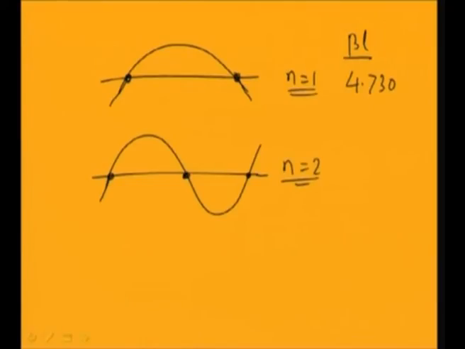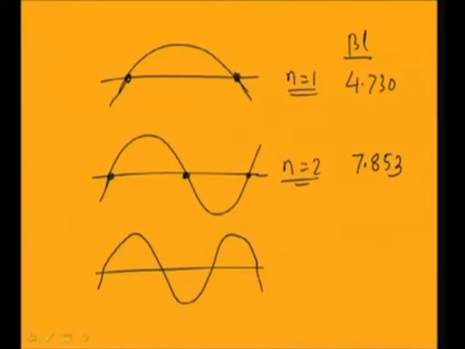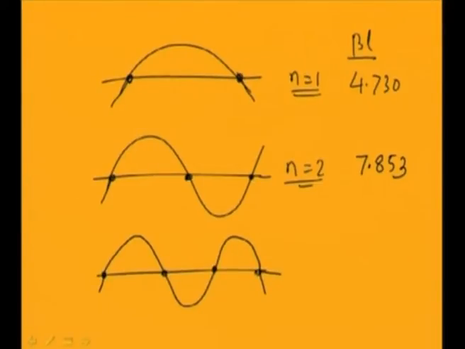This second mode corresponds to the frequency 7.853. In the next case you will have 4 points at which there will be no vibration. So this is the third mode, which corresponds to 10.996.